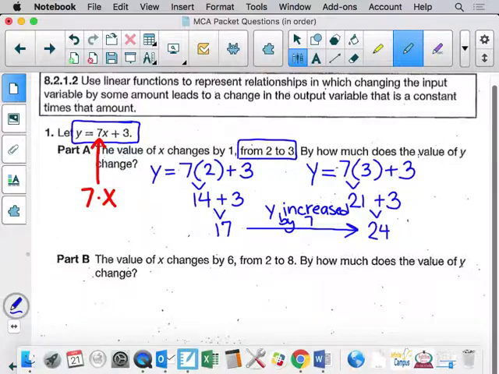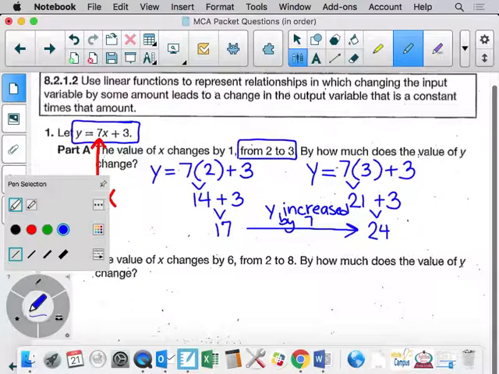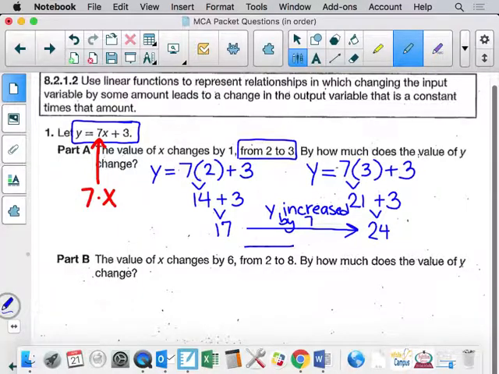The next one says the value of x changes by 6 from 2 to 8. So we already know that when x is 2, this resulted in 17.